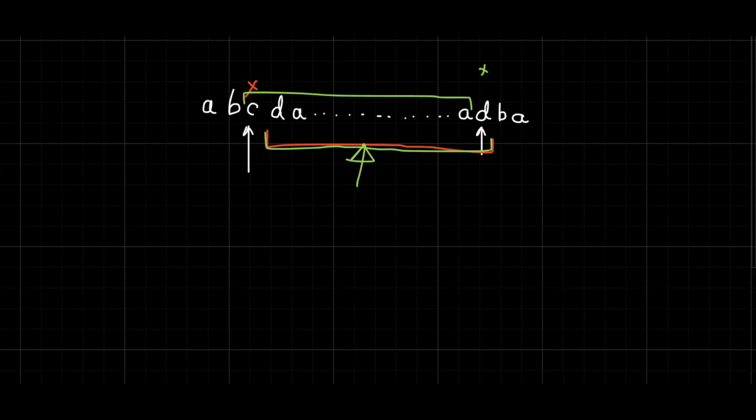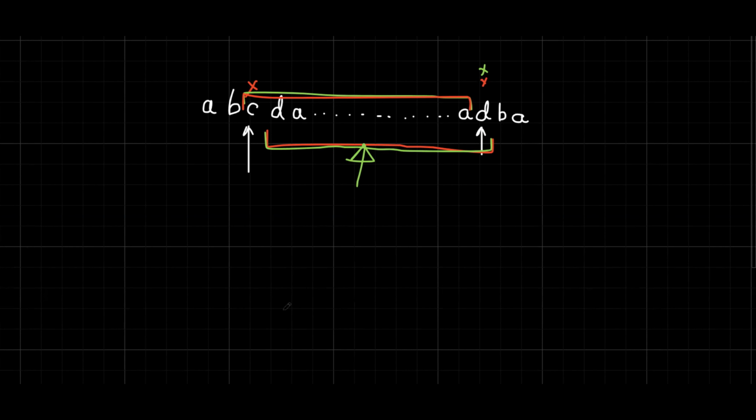Or if I remove the right pointer value, this portion of the string should be a palindrome. If any of these portions is a palindrome, we have to return true. Otherwise, we have to return false. This is the basic algorithm.